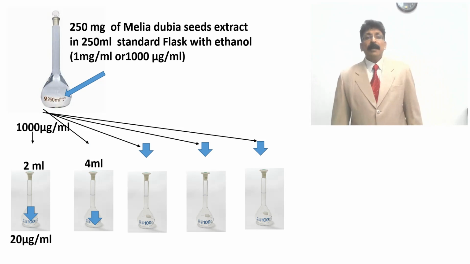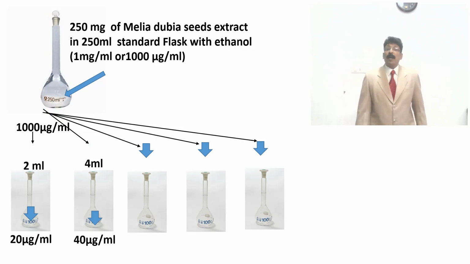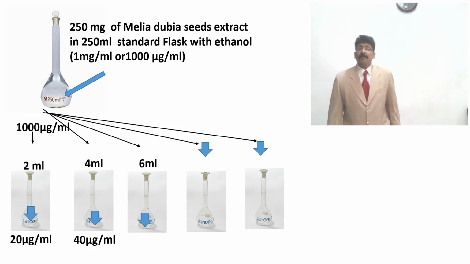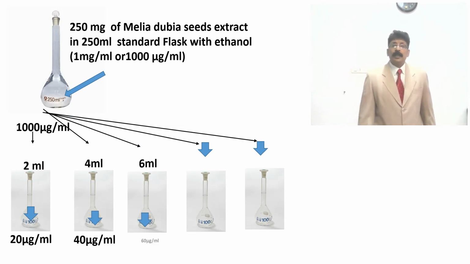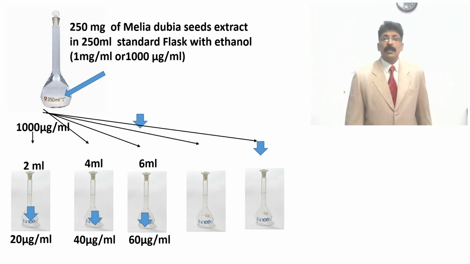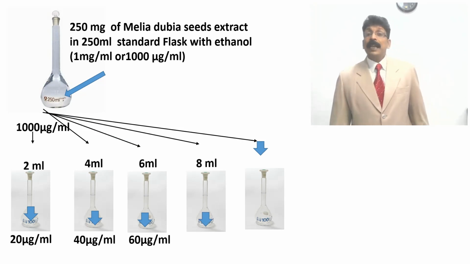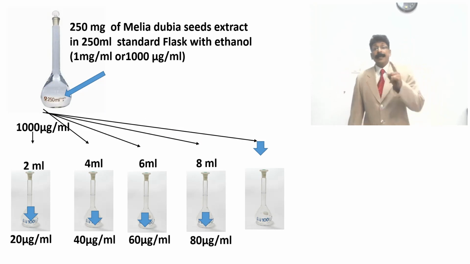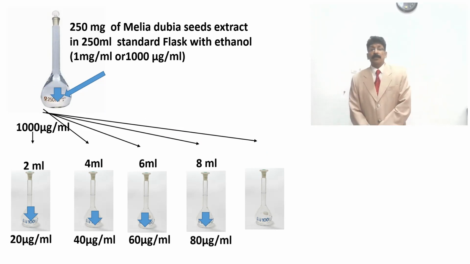And same thing, 4 ml, you will get 40 microgram per ml concentration. If you take 6 ml from the stock solution and make up the volume with ethanol, 60 microgram per ml concentration. You take 8 ml and make up the volume with ethanol, 80 microgram per ml concentration.